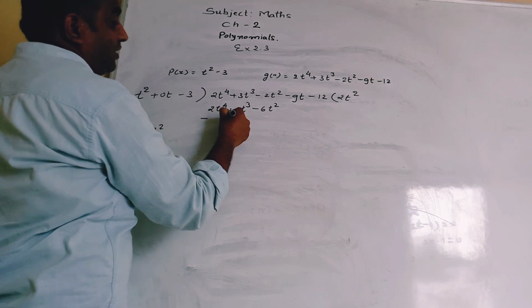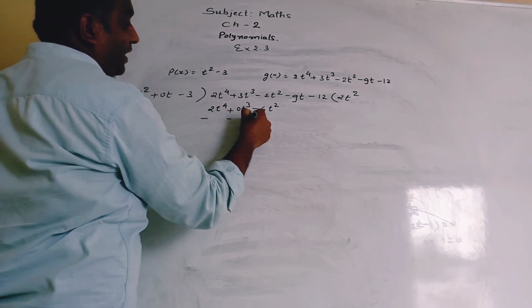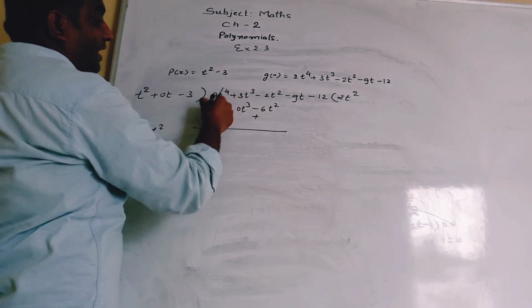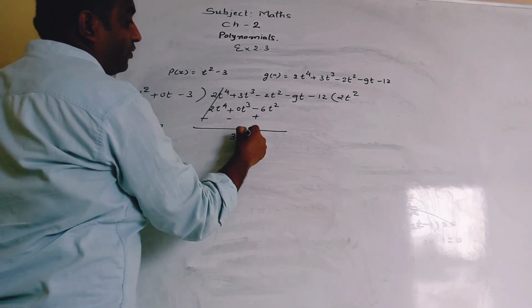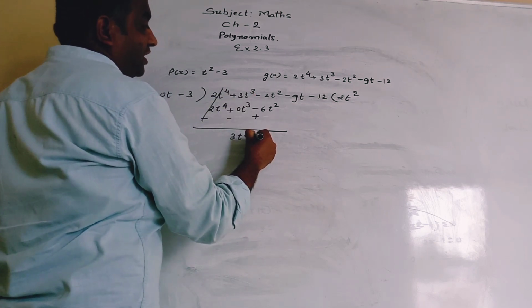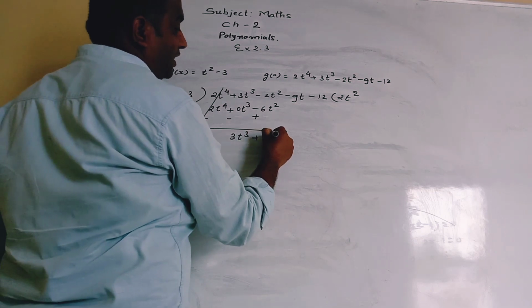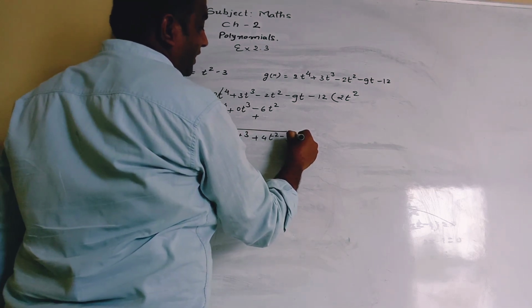We change the signs, so it cancels, and we get 3t cube plus 6 minus 2, which is plus 4t square, minus 9t.